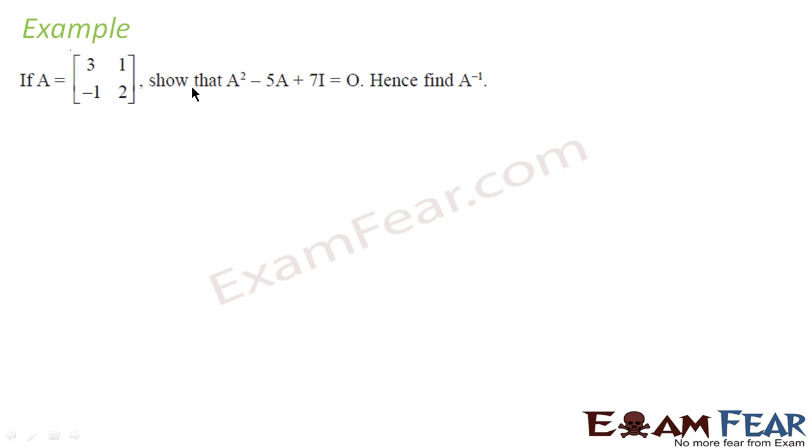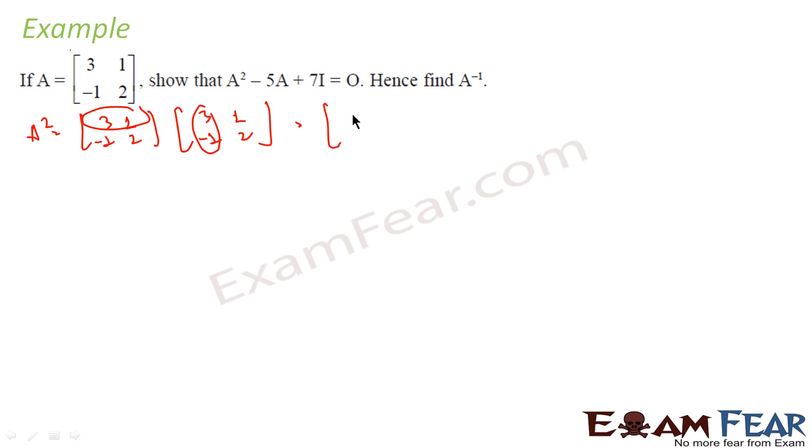We have to find A square first. It is nothing but 3, 1, minus 1, 2 into 3, 1, minus 1, 2. Take the row, take the column. This becomes 3 into 3, 9, plus 1 into minus 1, that is minus 1. Then 3 into 1 is 3, plus 1 into 2 is 2.